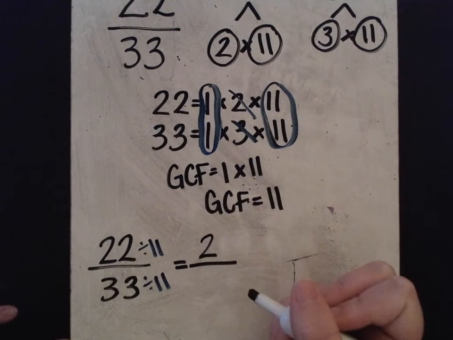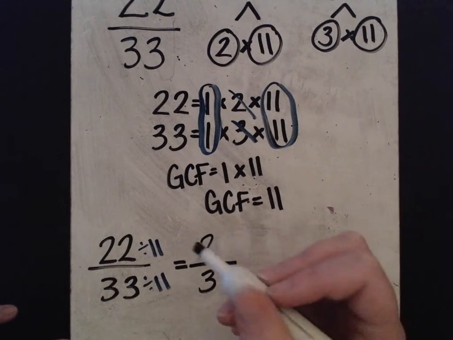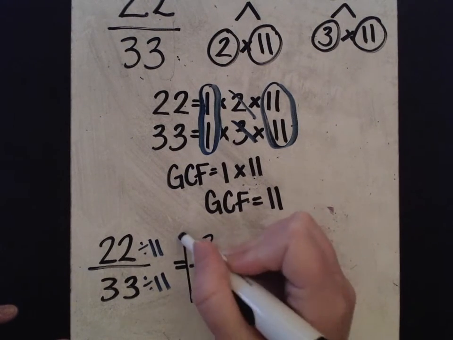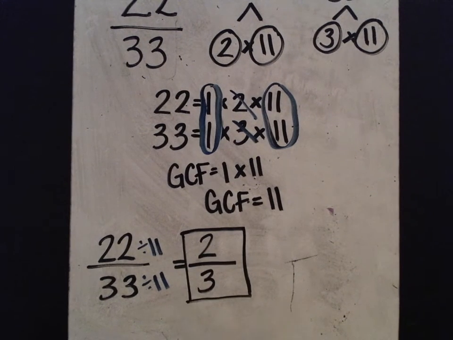And 33 divided by 11 equals 3. So in simplest form, your answer is 2/3. Remember, these fractions are equivalent. This is just written in simplest form or lowest terms.